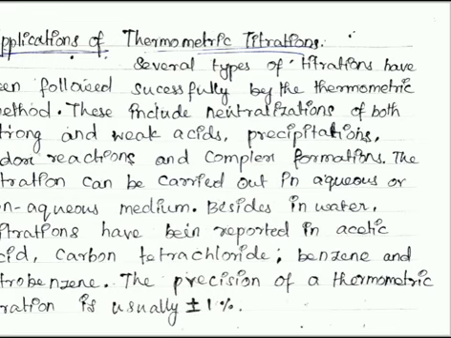This titration can be carried out in aqueous or non-aqueous media also. Besides water, titrations have been reported in acetic acid, carbon tetrachloride, benzene, and nitrobenzene. The precision of thermometric titration is usually plus or minus 1%, so it is a very useful type of titration to analyze the concentration of ions present in a solution.